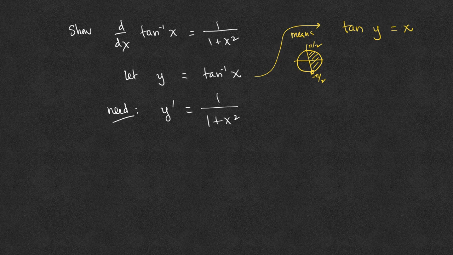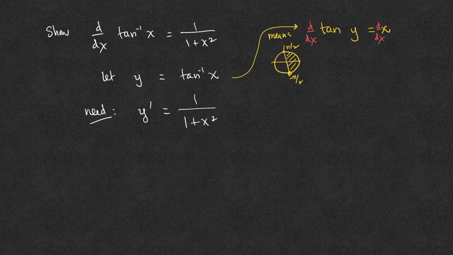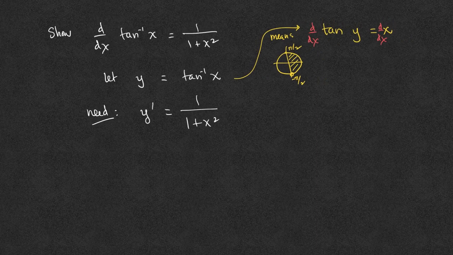If it is 1 to 1, then we can talk about the inverse. Now, the goal is to get y prime from this, so we would need to differentiate the left and the right hand side with respect to x, not y, but x. And so d dx the left and d dx the right. On the left hand side, we would need to use implicit differentiation. The derivative of tangent of y is secant squared of y, but since the variable of the function is y and we take the derivative with respect to x, we would need to multiply by dy dx.